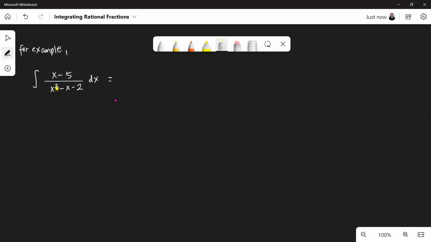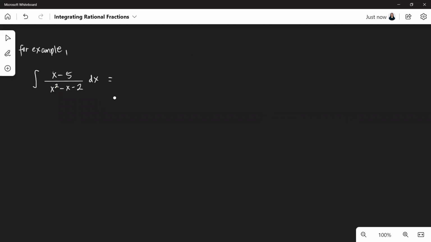X squared minus x minus 2 is a quadratic expression where the degree is 2.